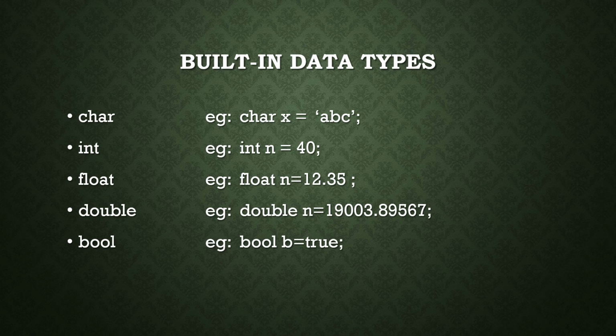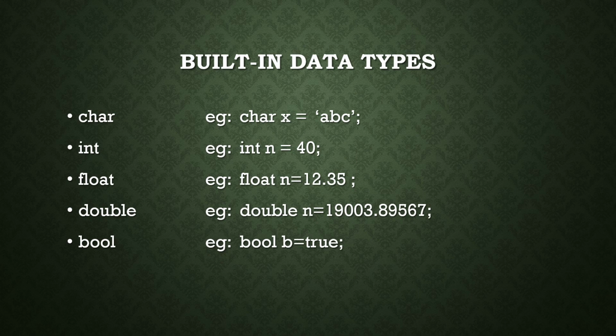If I want to store A, capital A or small a, B, C, like that, then you have to take the data type as char, and the memory size for char data type is 1 byte. 1 byte means 8 bits.